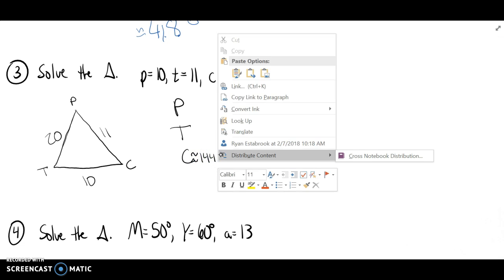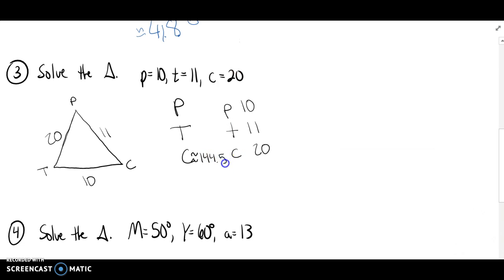And since now we got the biggest angle, we can use the law of sines for anything else. So for that, you could have found angle PRT, but what I did, I just did cosines again since it's an easy formula, I think. So then we set it up for P to find angle P. So we had 10 by itself, and then 11 and 20 plugging in for the rest.